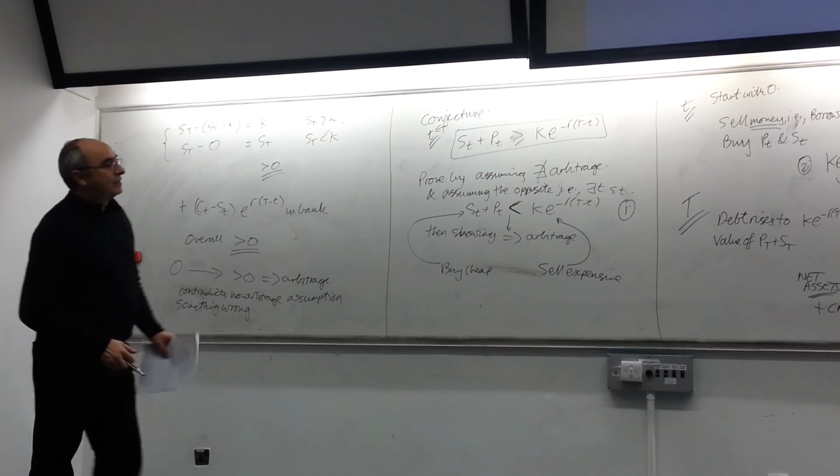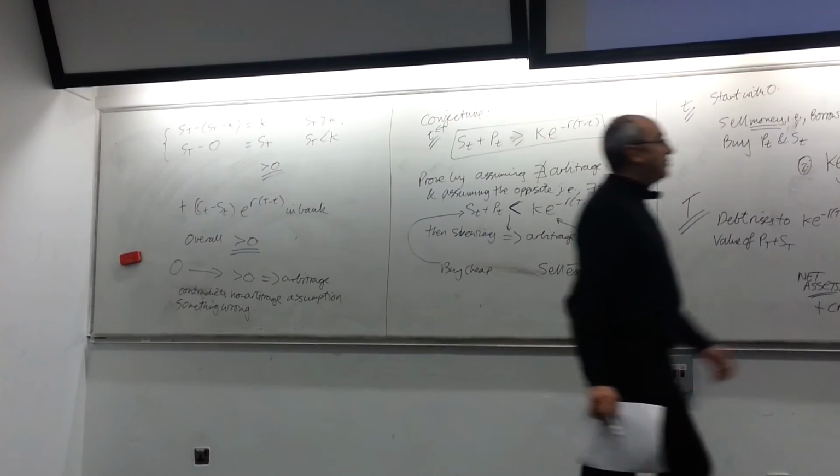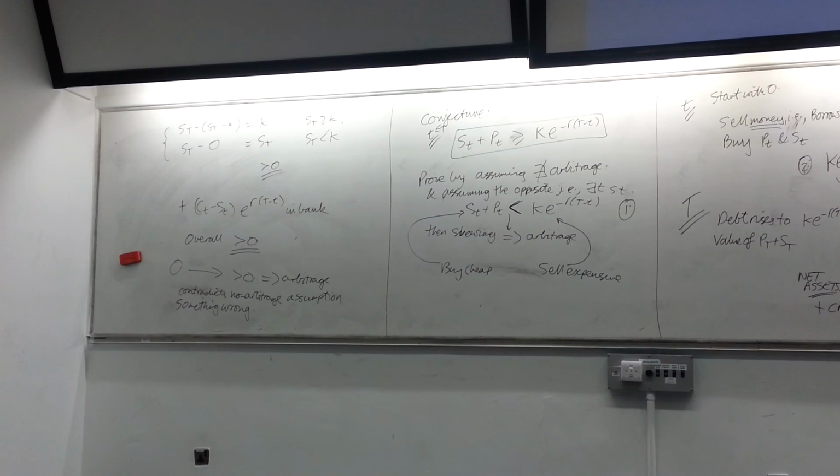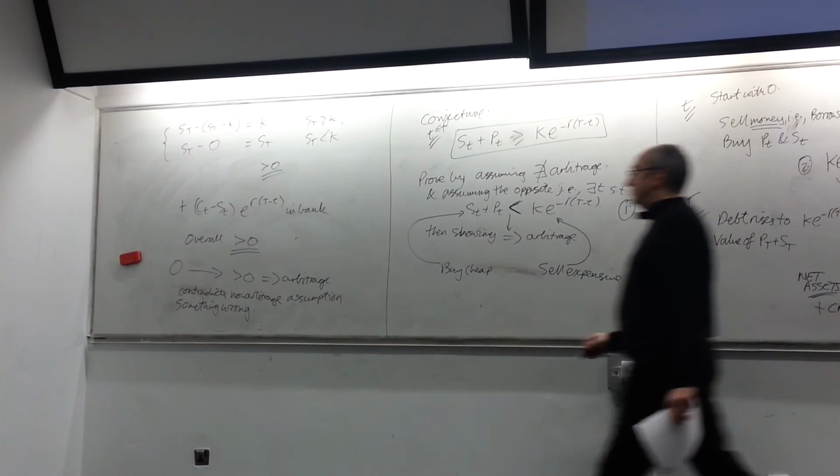And if we make the assumption that there's no arbitrage, the only thing that can be wrong is this thing. So the only thing that can be wrong is 1.